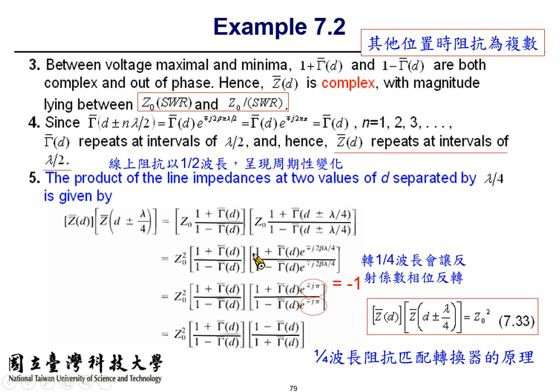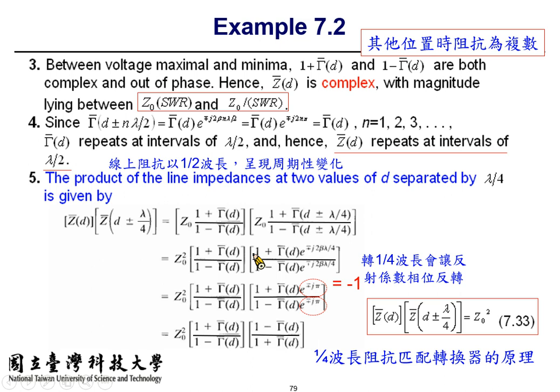For any point on the transmission line, say at distance D, and any point that is a quarter wavelength away, that is D plus or minus lambda over 4, check the expression of their impedance: Z sub 0 times 1 plus gamma D divided by 1 minus gamma D. For the other end, that will be D plus or minus a quarter wavelength.